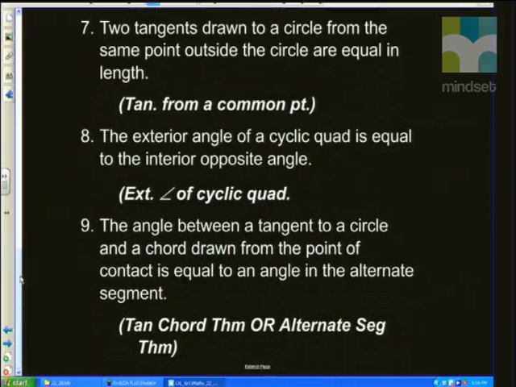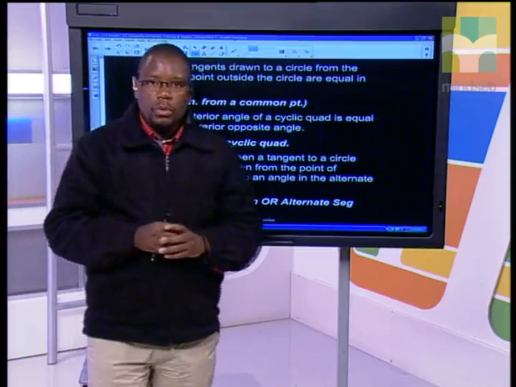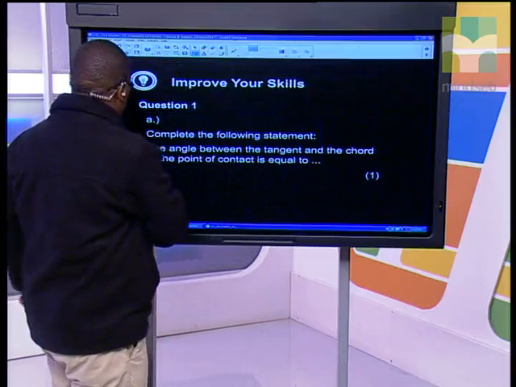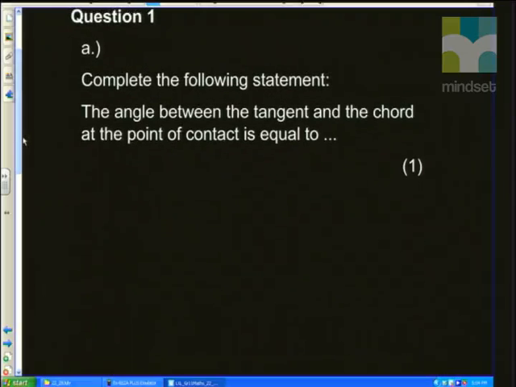Now, this is just a summary, so you've got it in your notes, but my duty is to get onto your questions, how to answer your Euclidean geometry questions, okay? Right? First question. Complete the following statement.